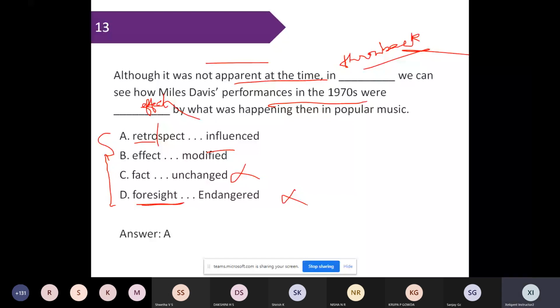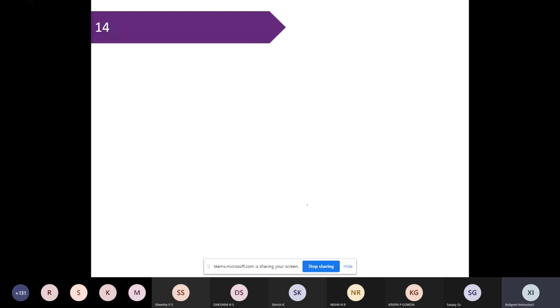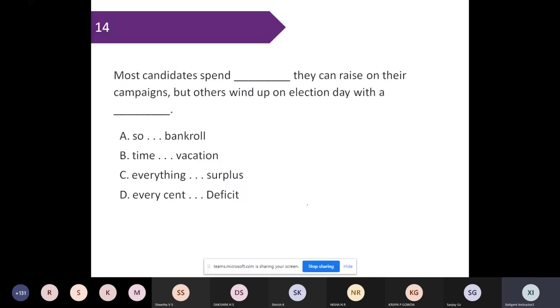Okay, moving on to question number 14. Most candidates spend blank they can raise on their campaigns, but others wind up on election day with a blank. What's the answer? What's the guess word?